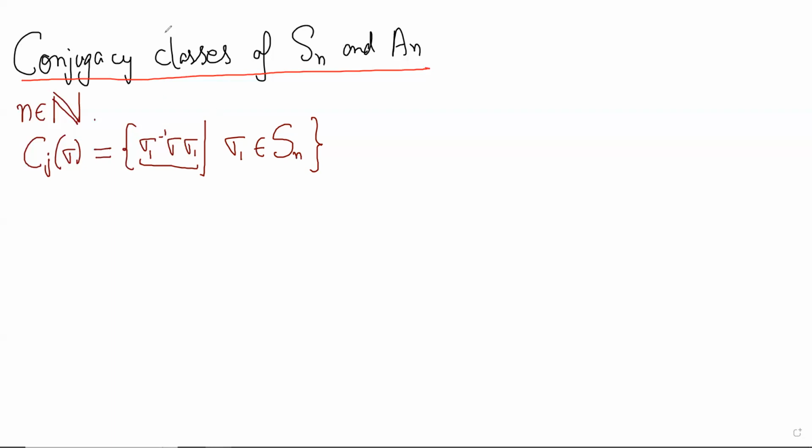In the same way, all these permutations are very similar. But the question is to describe Cj of G. What are all the permutations which we can get by starting with one permutation and conjugating?